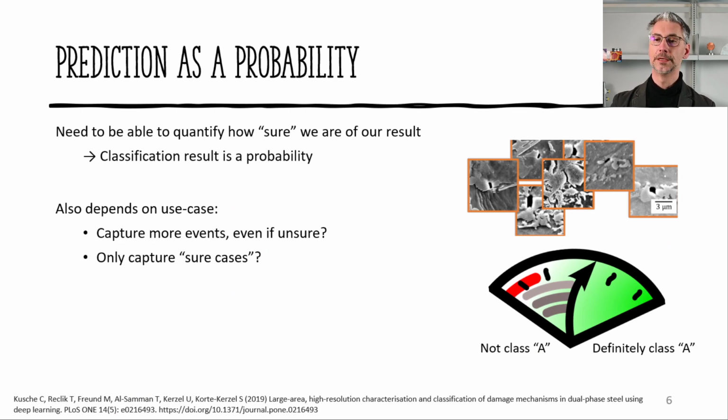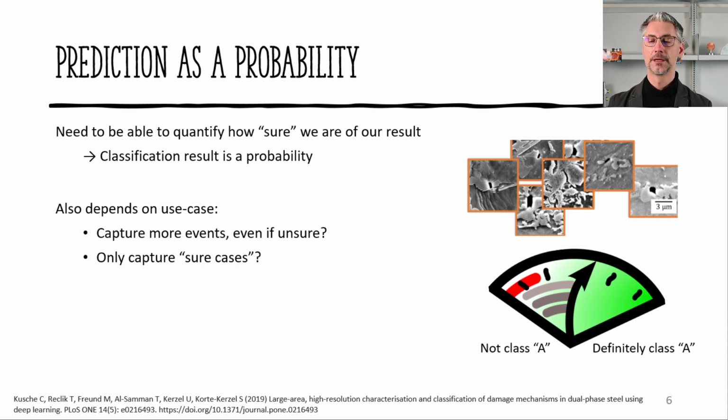So this is where we need the prediction as a probability. We need to be able to quantify how sure we are of our result. So that means essentially all classification results need to be interpreted as a probability. This also depends on the use case. Do we want to capture more events even if we are unsure, or do we only want to capture sure cases?